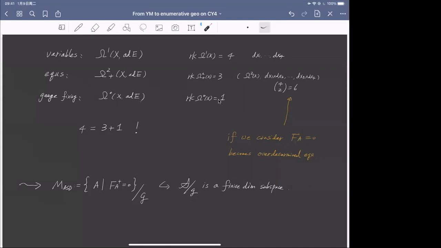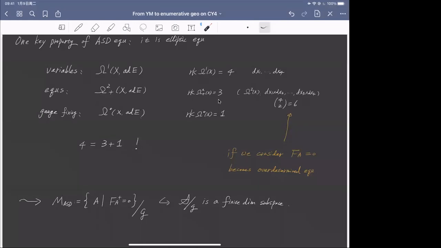But in dimension 4, this becomes an overdetermined system, because the number of equations is 6, which is bigger than the number of variables. So there are too many equations, and it is overdetermined. Generically, if you consider such flat connection equations, there is no solution anymore.